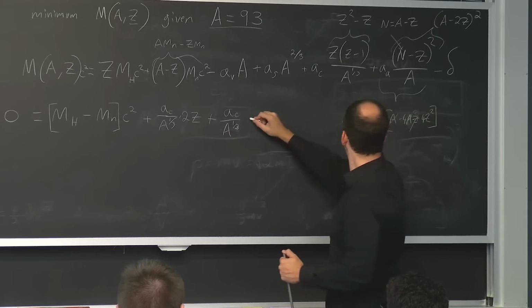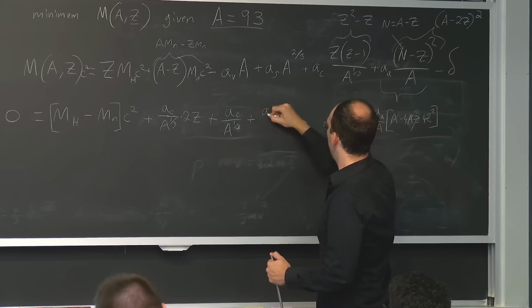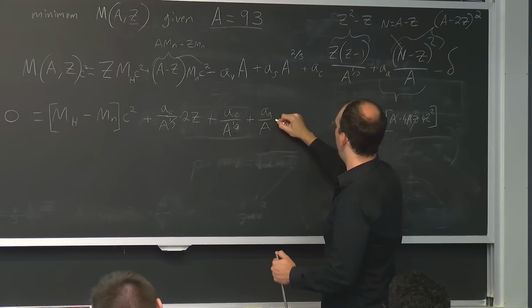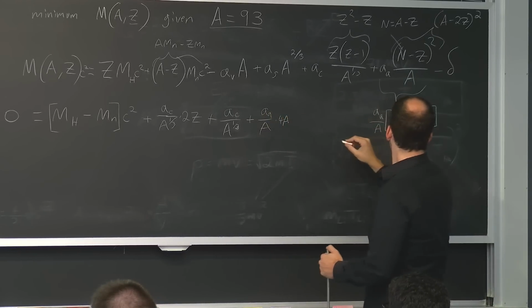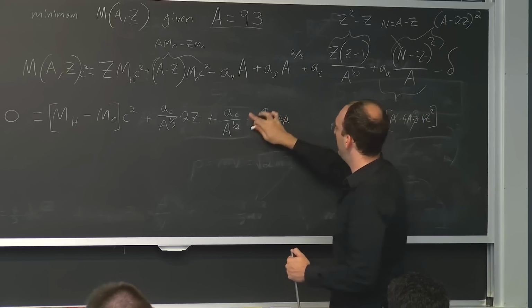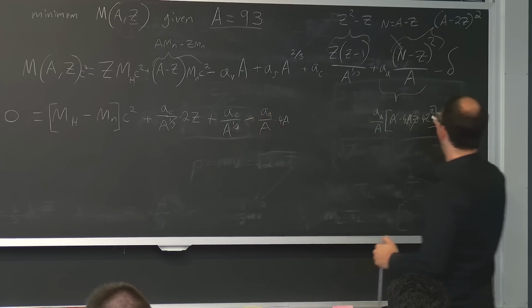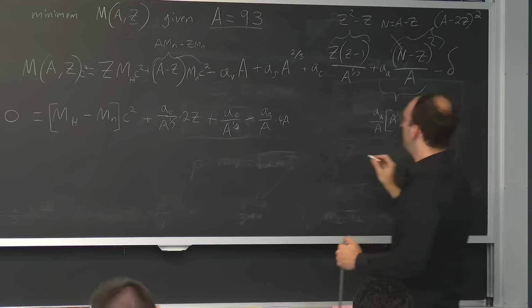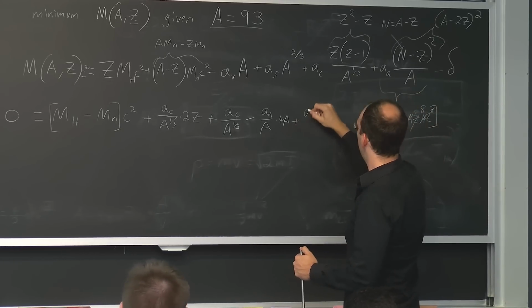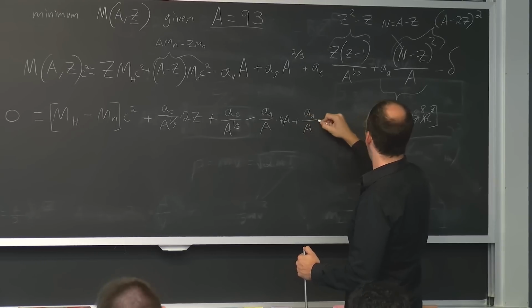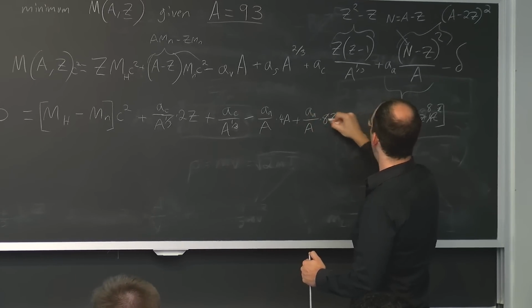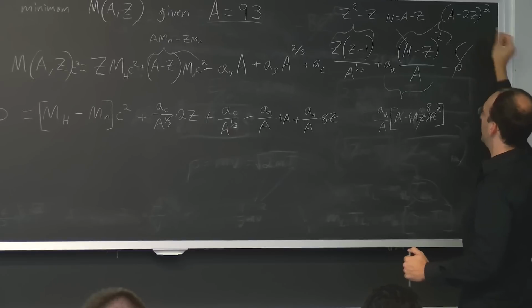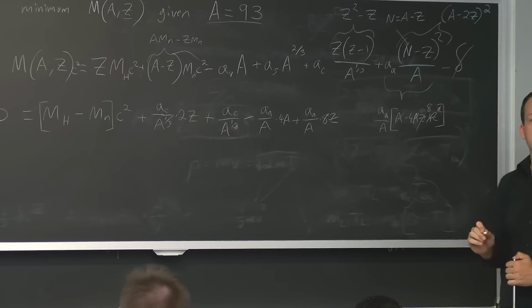So we have plus A_asymmetry over A times minus 4A. And that becomes 8Z. So we have plus A_asymmetry over A times 8Z. And the delta term goes away because there's no Z dependence.